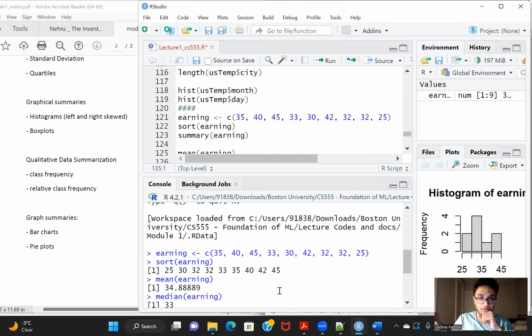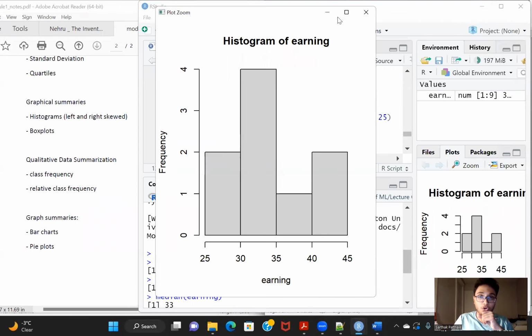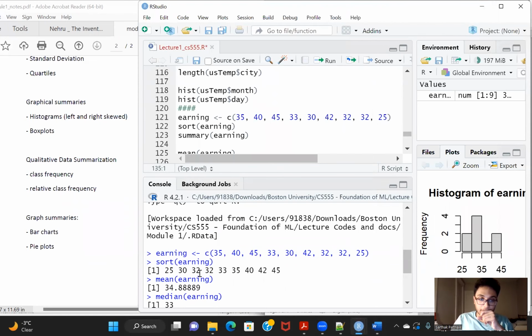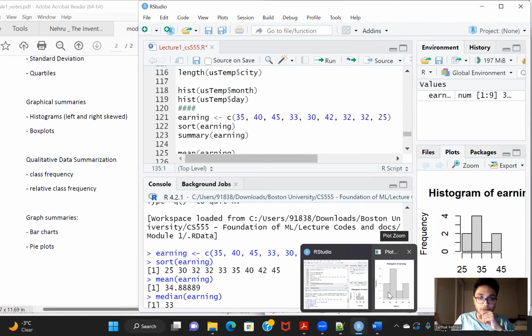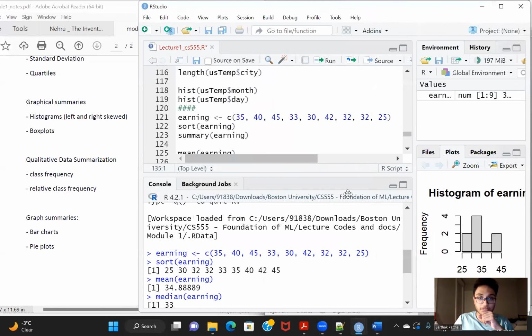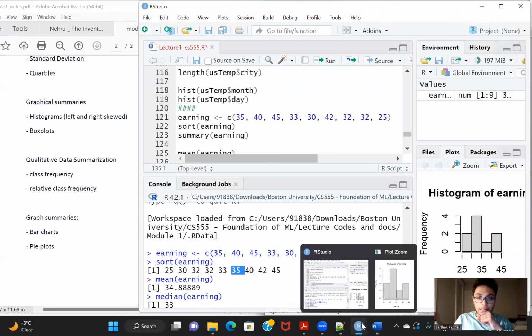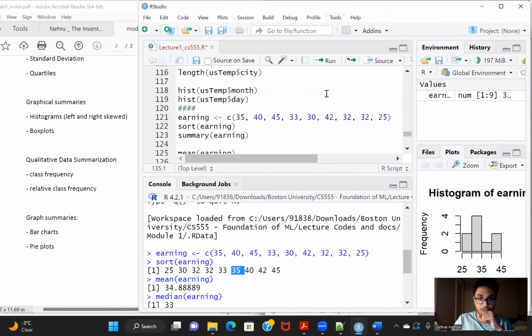See, 25 and 30. Between 30 and 35, there are four observations: 32, 32, 33, and 35. Between 35 and 40, there is one observation, which is 35 only. And between 40 and 45, there are two observations, which is 42 and 45.